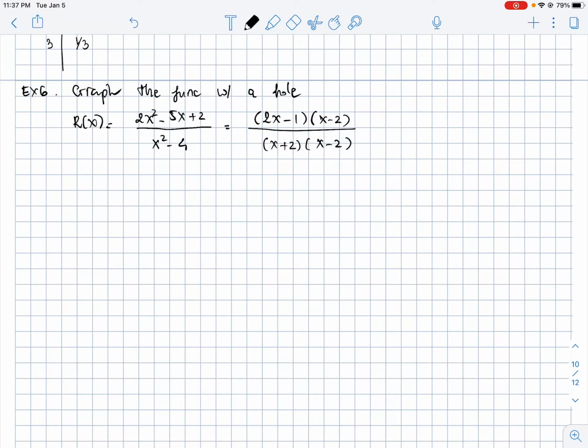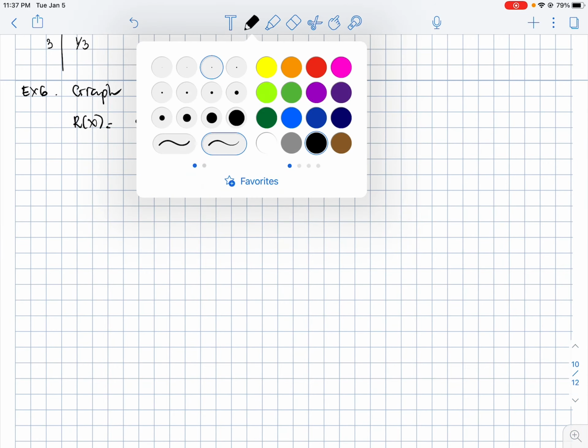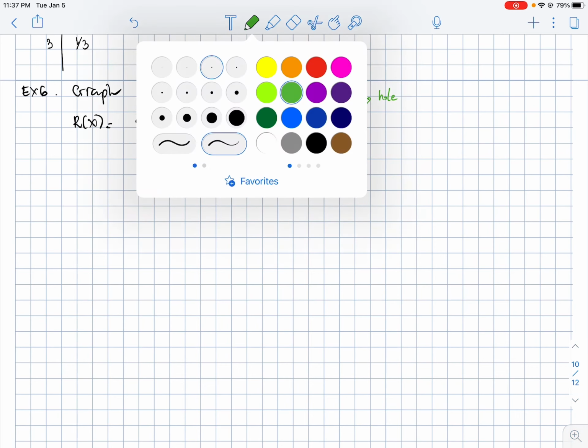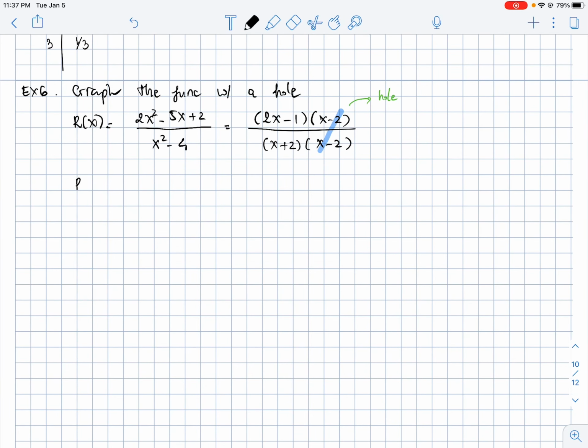Example number 6, we want to wrap another function with a hole. So after I already factor, you can see that the x minus 2 cancel out. That will give you a hole, and we will plug in the hole for later. It means that the function r of x in the simplified form will be (2x minus 1) over (x plus 2).